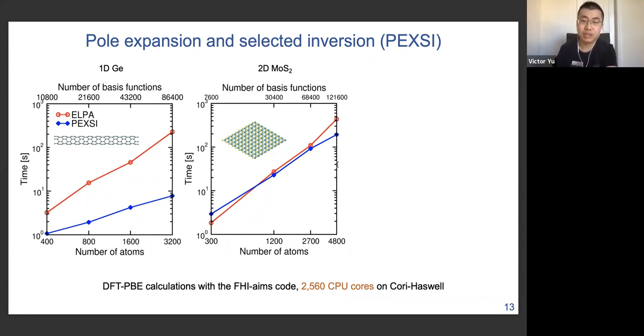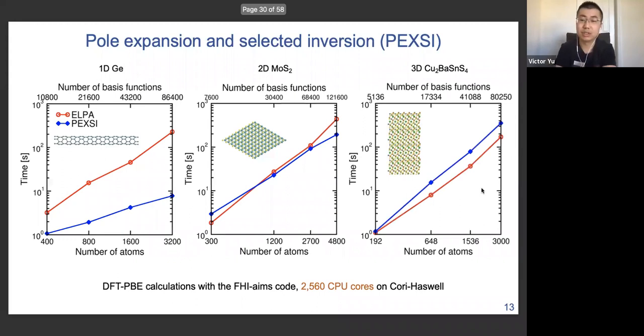And for 3D systems, the story is different, because now ELPA is actually faster than PEXSI. For such 3D systems, the matrices are not as sparse as in lower dimensional systems, which makes PEXSI not as efficient as for low dimensional systems.